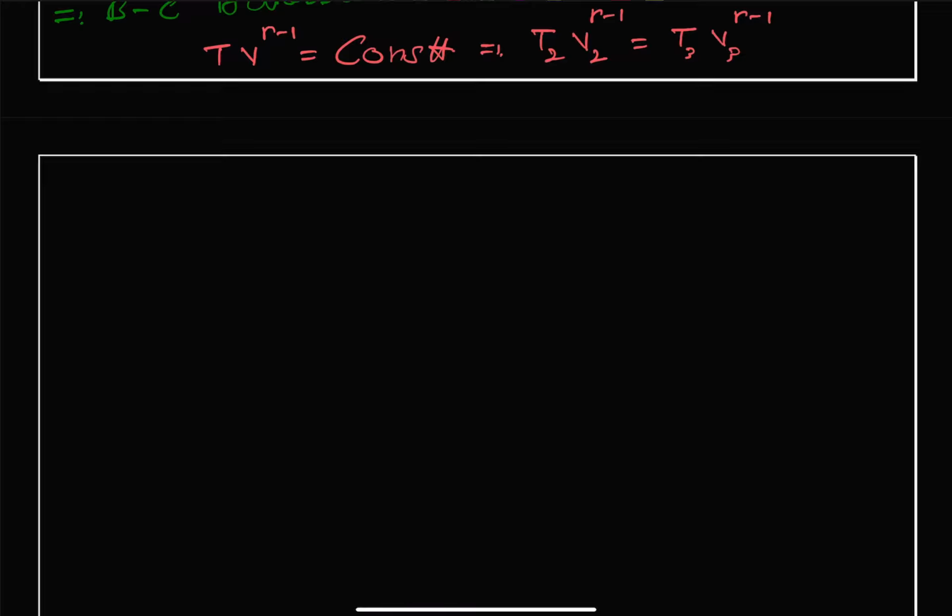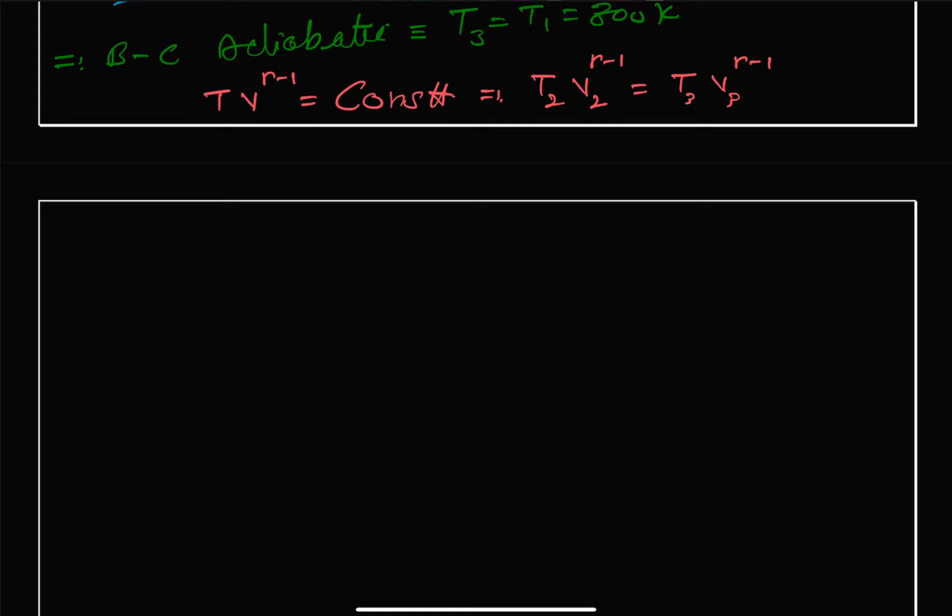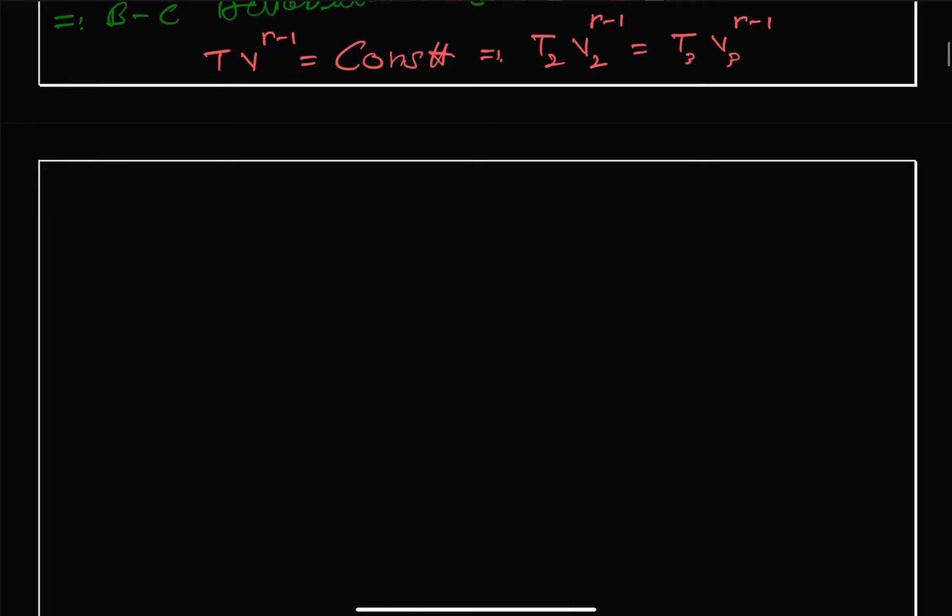So we get that our T3 is 300 Kelvin, and we can write that V3 raised to power 2/3 will be equal to 600 divided by 300 times V2^(2/3), and this 600 over 300 is 2, so we get twice V2^(2/3).